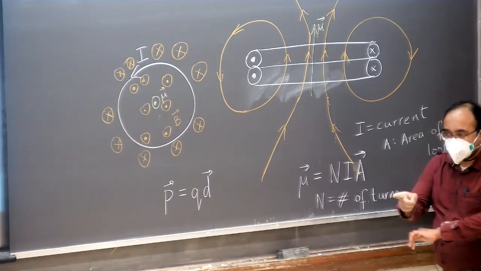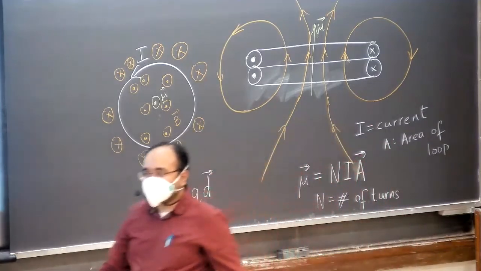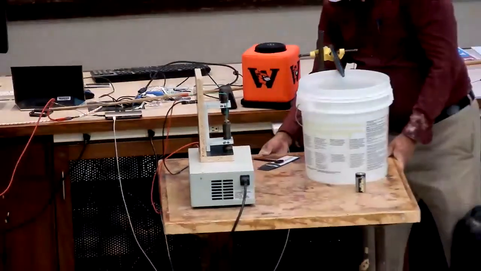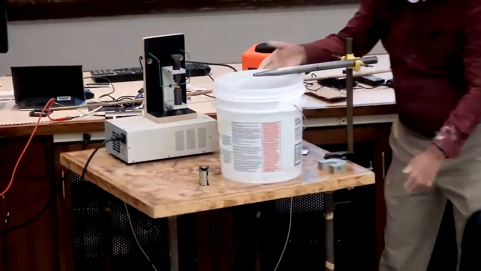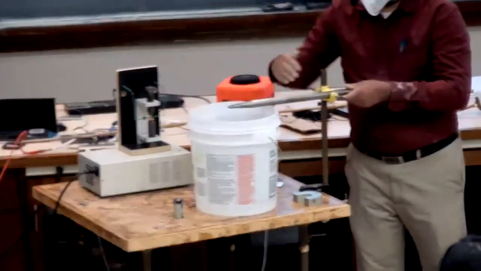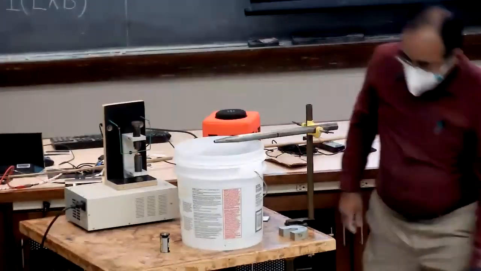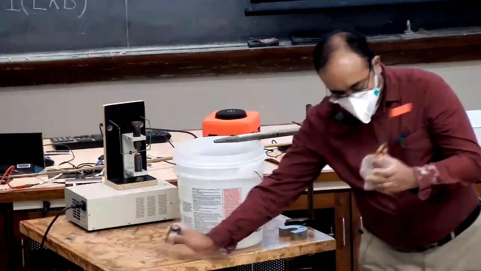I'll do the demo and probably bring the demo back next time also. What we have here is just a bucket of water. This is an iron rod or steel rod. And I have a loop of wire.